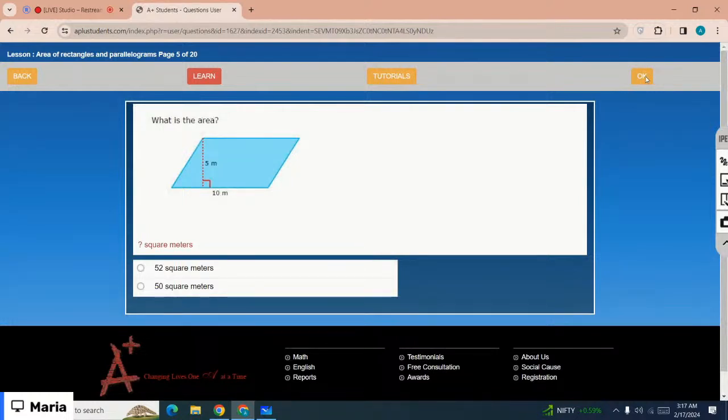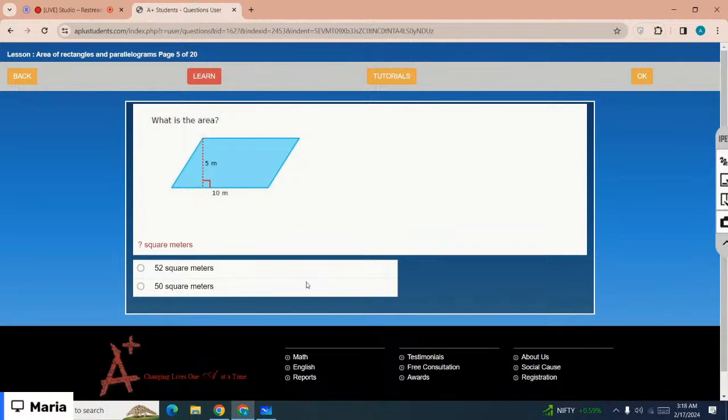Yes, that's not a square. You have to do 10 times 5, and 10 times 5 equals 50.